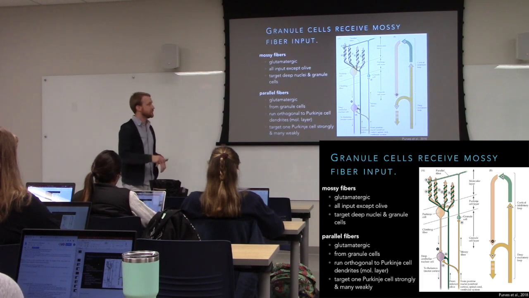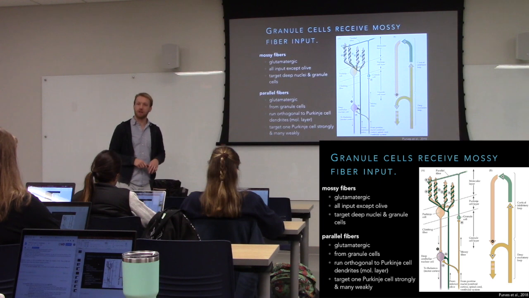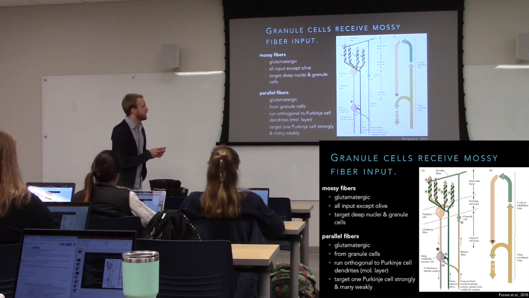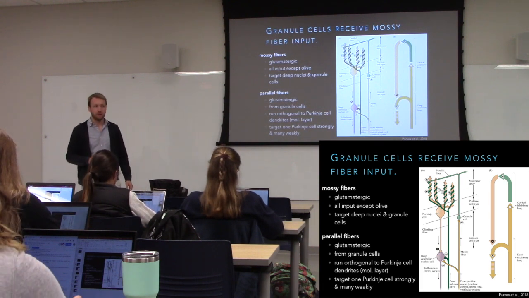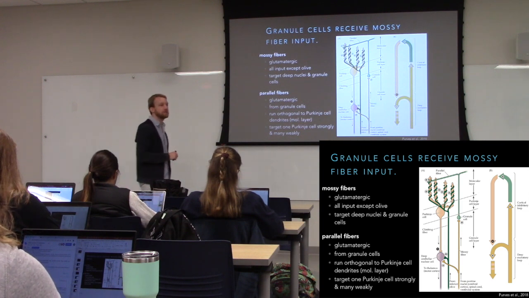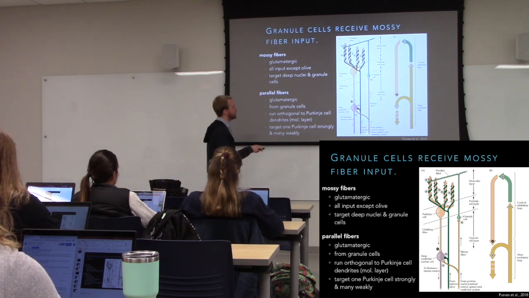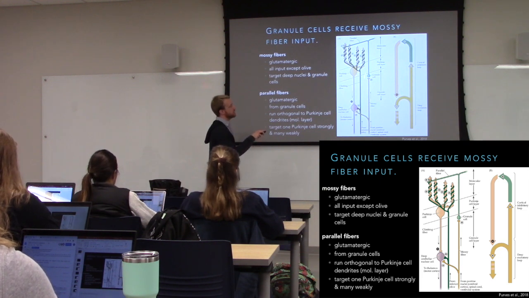The only thing that isn't a mossy fiber would be the input from the inferior olive. That's our climbing fibers. You'll notice that it's going to go up and climb along the dendrites of our Purkinje cells. The climbing fibers don't hit the granule cells, so they're not mossy fibers. The mossy fibers are going to terminate on the deep cerebellar nuclei, and then the granule cell as well.